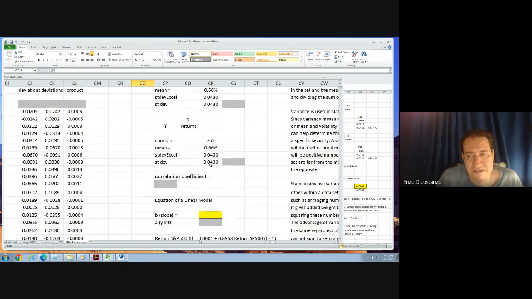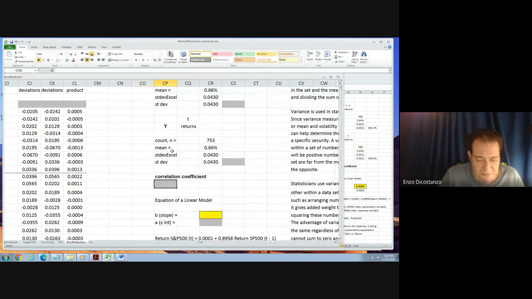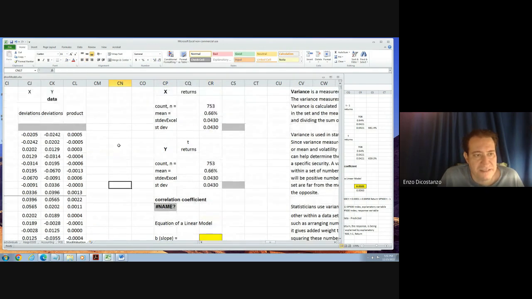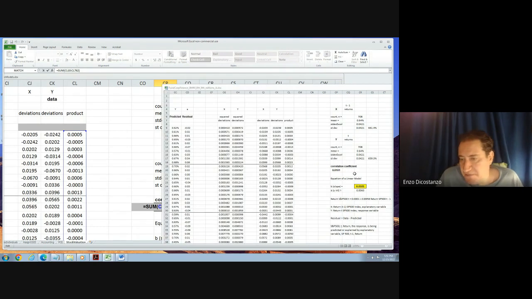Yeah. So here, let's do that. Let's do the sum of product, equals sum. And here, what are these? This is 10 to 762, right? That's the beginning of that, and then divided by something.